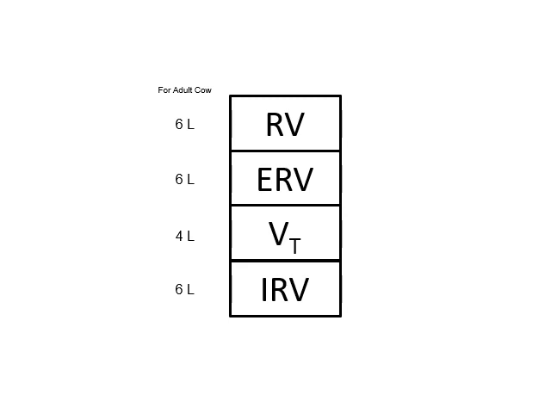We've got the tidal volume in our cows, about 4 liters, and the inspiratory reserve volume, about 6 liters. So a gallon, a gallon and a half. We're looking at about 5-6 gallons of capacity for the lungs of our dairy cows.